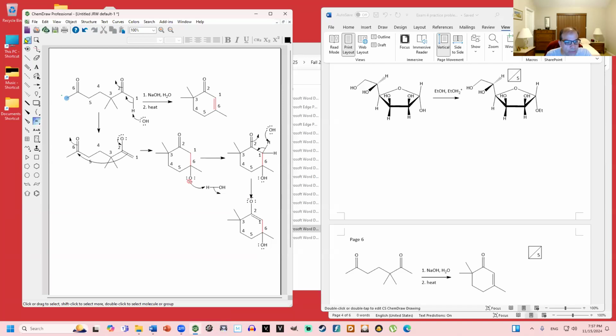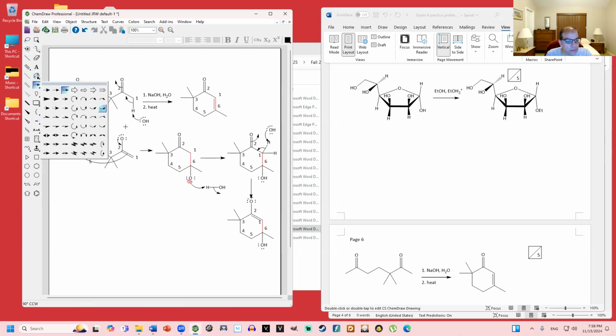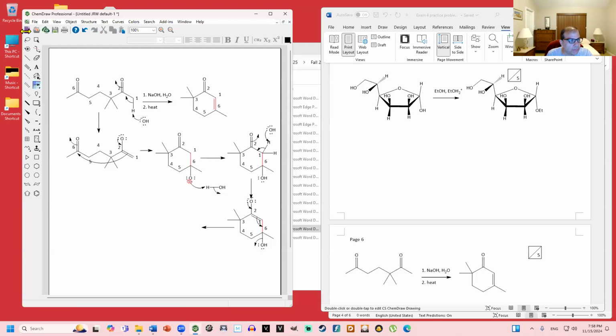So there's our enolate. And then the enolate will collapse, will reform the carbonyl. The double bond will shift over one spot so as to avoid any carbons having 5 bonds. And also to avoid any carbons having 5 bonds, we lose hydroxide as a leaving group, and that gives us the product.